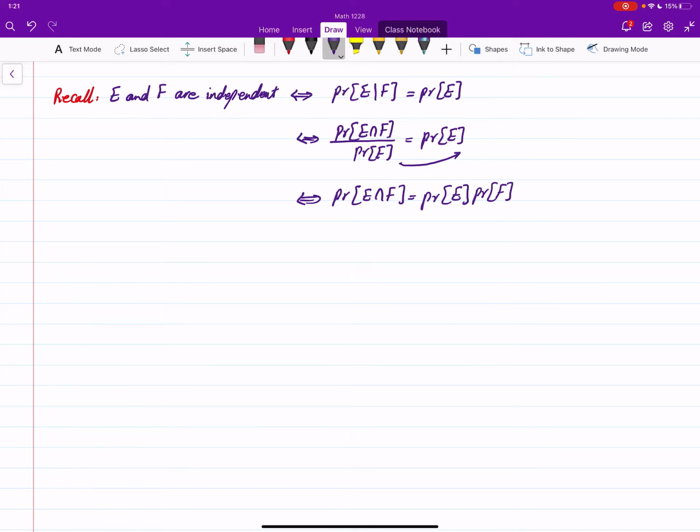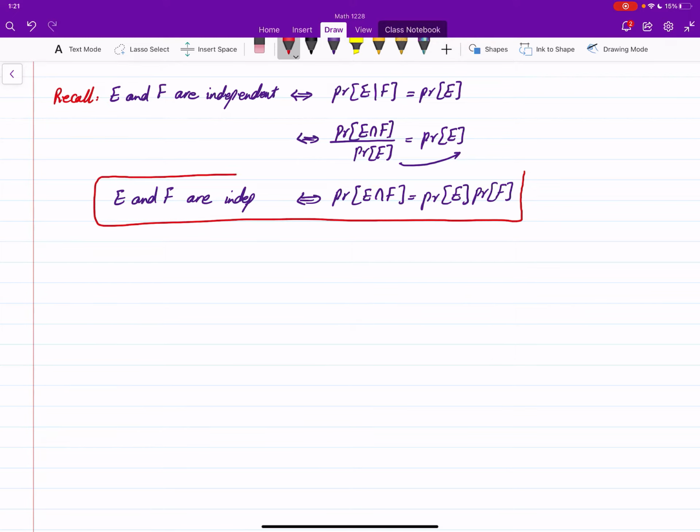When E and F are independent, then the probability of E and F can be calculated by the product of the probability of E and the probability of F. So you see, this in general is not true.